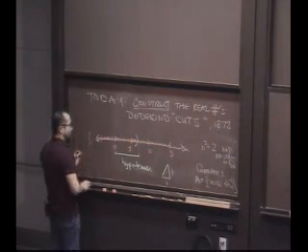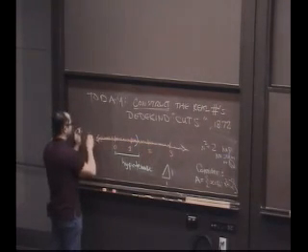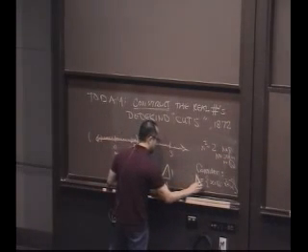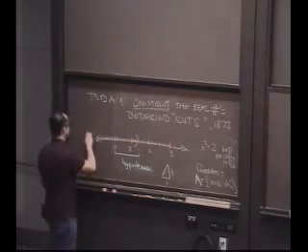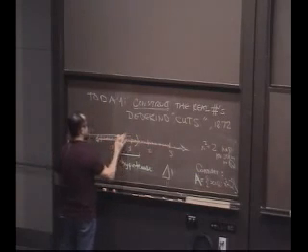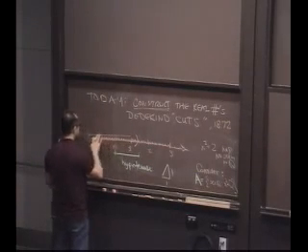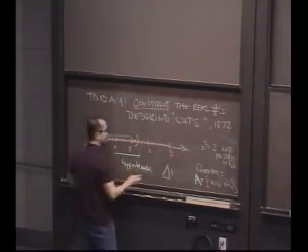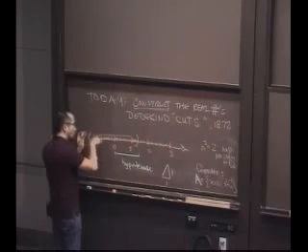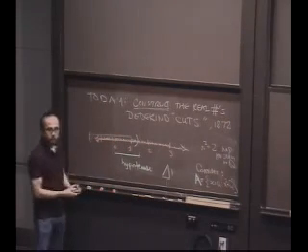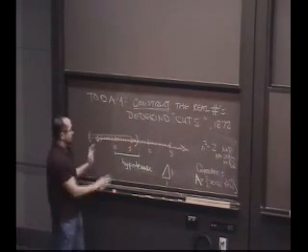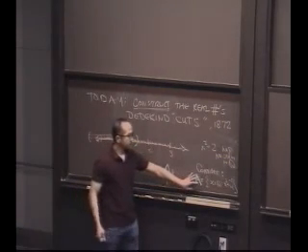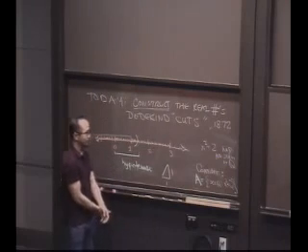But this is certainly the set A. Oh, so it's actually not this interval, right? It's all the things inside, all the red. It's all the orange points inside, right?